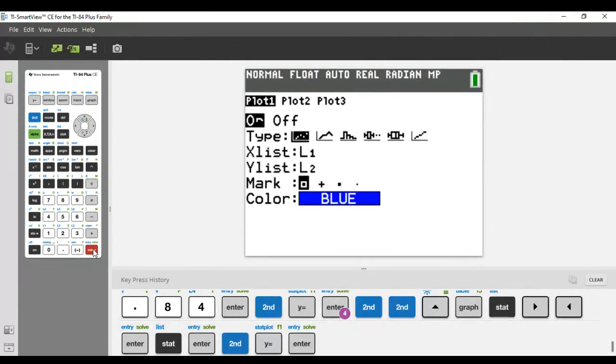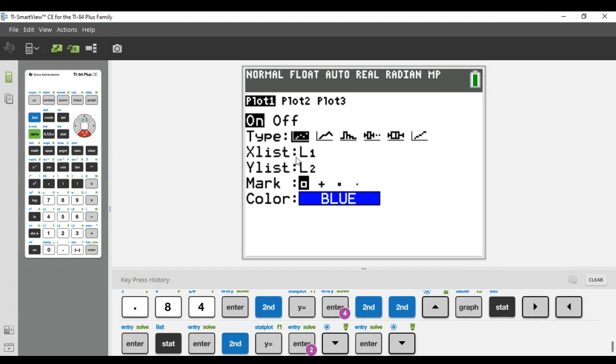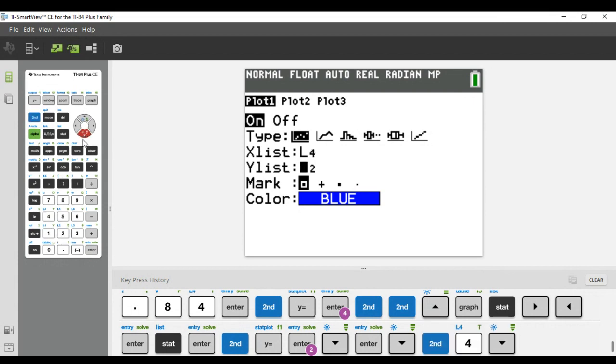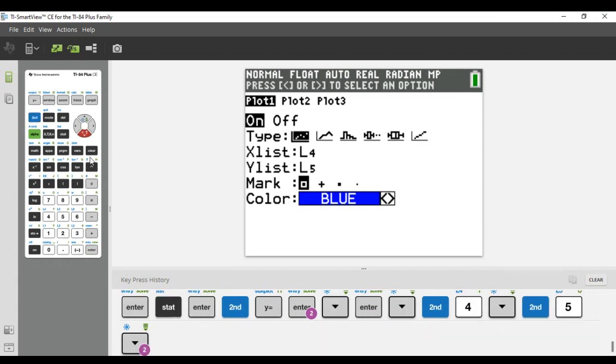Click on, and then you can go also to type the scatter plot, highlight that, and then highlight L1 or whatever table you populated. So in my case, it's L4 and L5. I'm going to change that to L4, and then L5, and then you can just hit the graph.